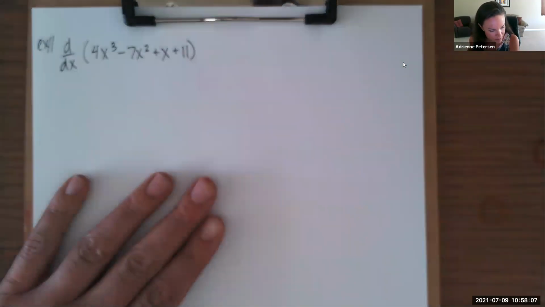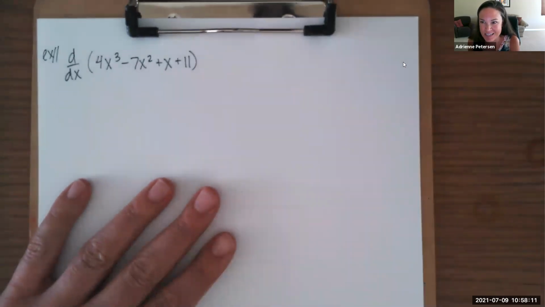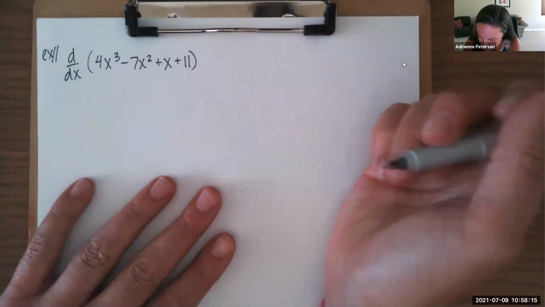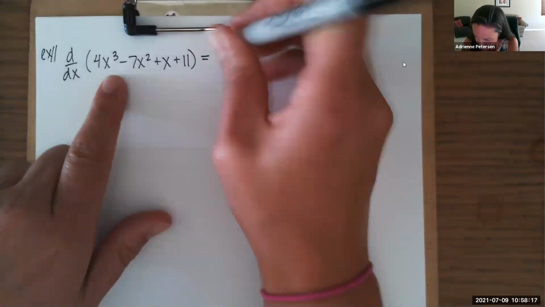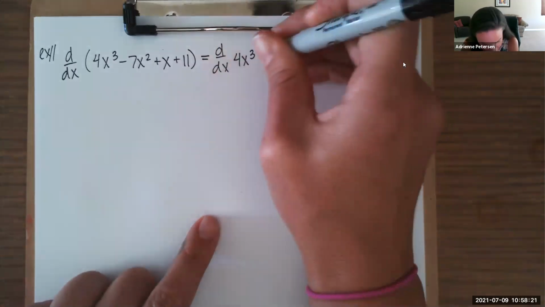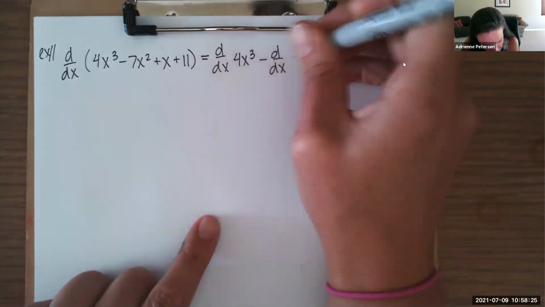For these next two examples, I'll write this out the long way, and then we'll start skipping these middle steps. So the sum and difference rule says that this is equal to the derivative of, we can split this derivative up over the addition and subtraction.